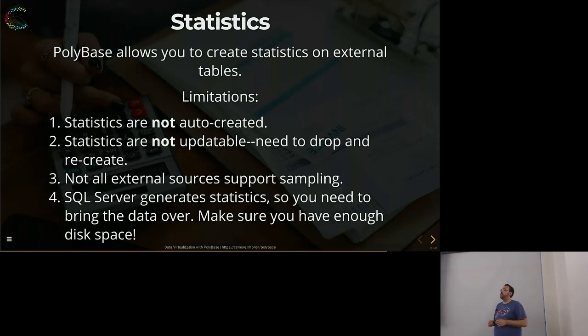Yes? If there's no indexing on the remote data, what good does statistics do? Statistics will help SQL Server understand whether or not it should push down a predicate. Because if those stats say that if I push this predicate down, it's only going to be 2 rows versus 2 million, I'm going to push that down.